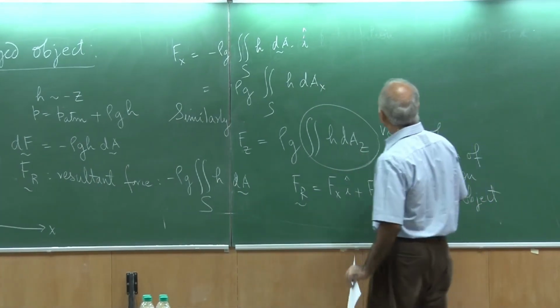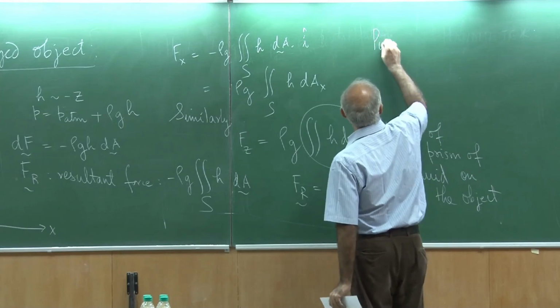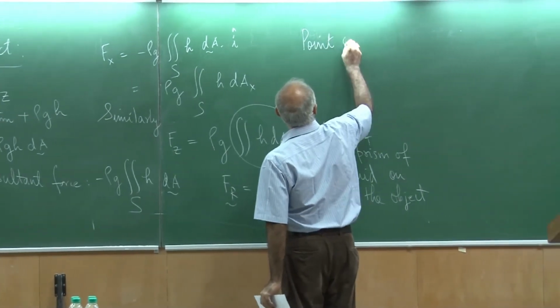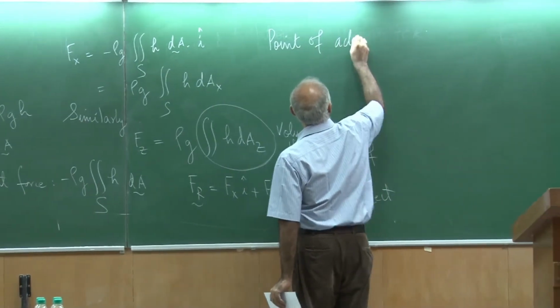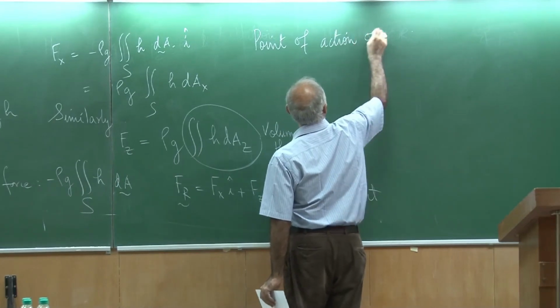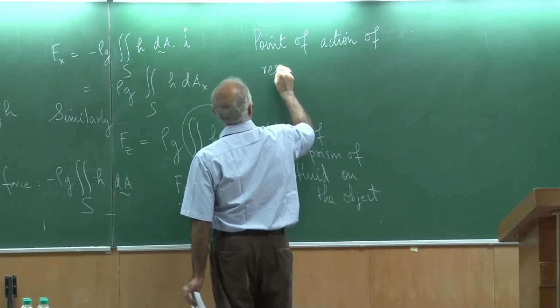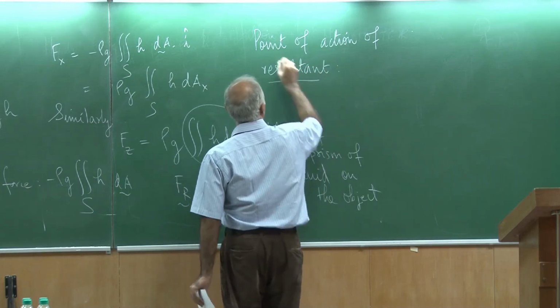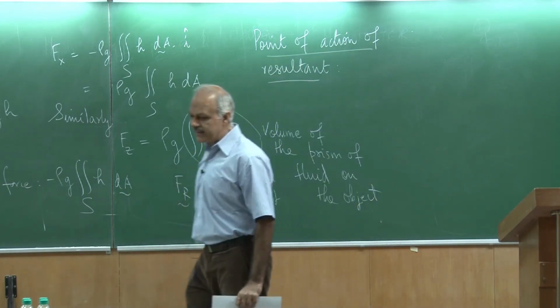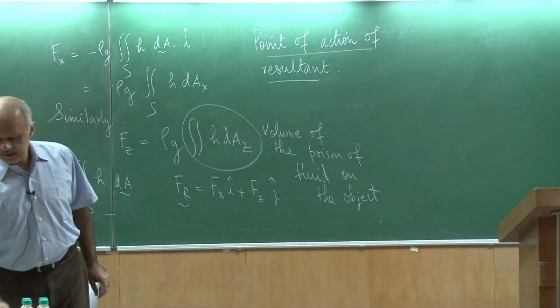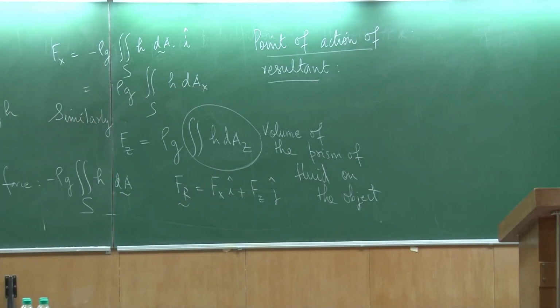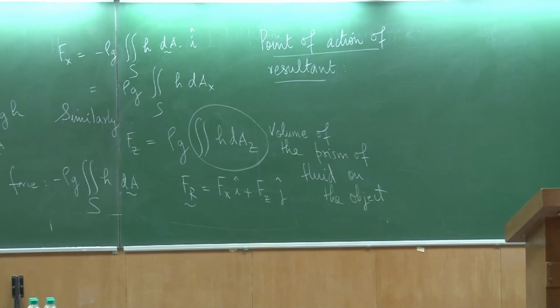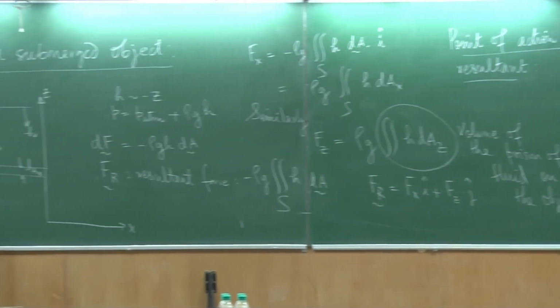Now, I could also calculate the point of action of the resultant. So, the question that I can ask is that suppose this resultant force Fr was acting through a certain point.